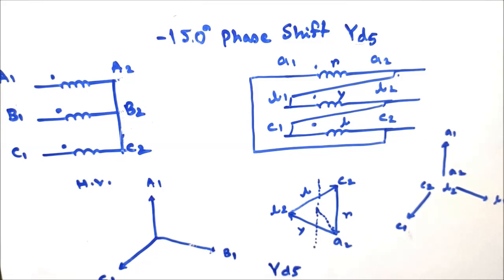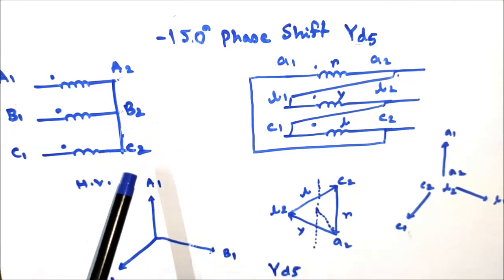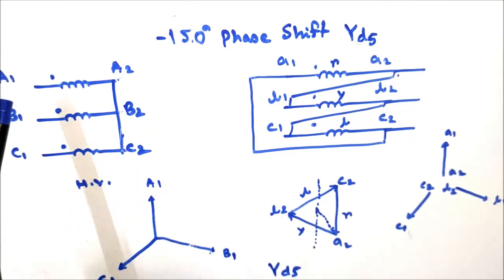Now again another type of connection, that is minus 150 degree phase shift, and the vector group is Yd5. Again the HV side connection is the same as previous, that is HV star connected, and A2, B2, C2 are shorted together and the connection terminals are A1, B1, C1.